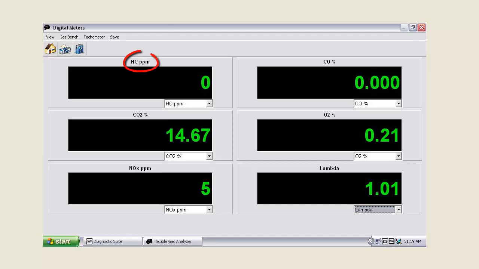At 2500 RPM, hydrocarbons 0 parts per million, carbon monoxide 0%, NOx 5 parts per million, carbon dioxide 14.67%, oxygen 0.21%, lambda 1.01.